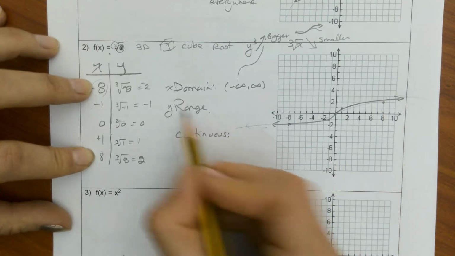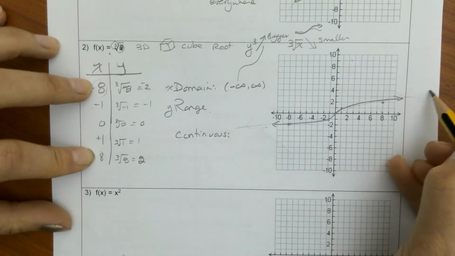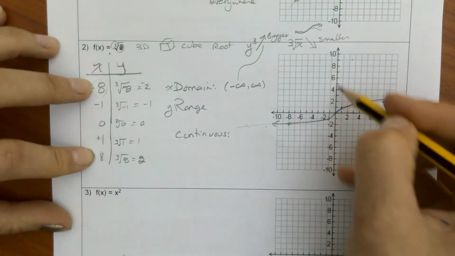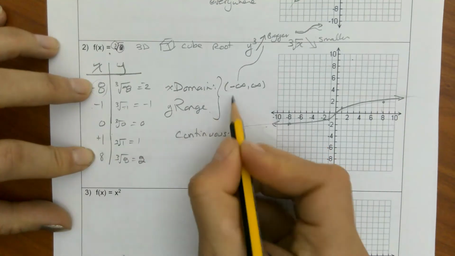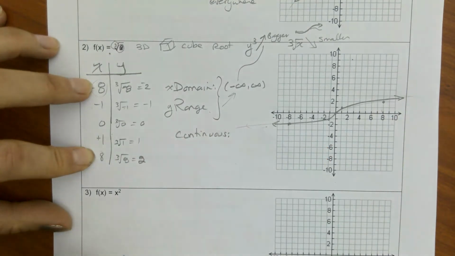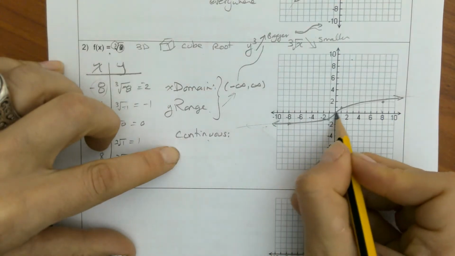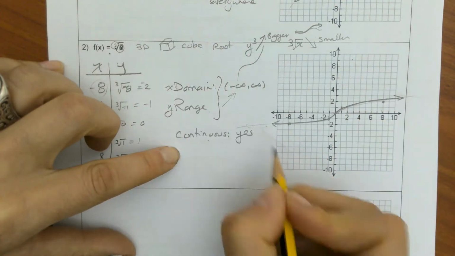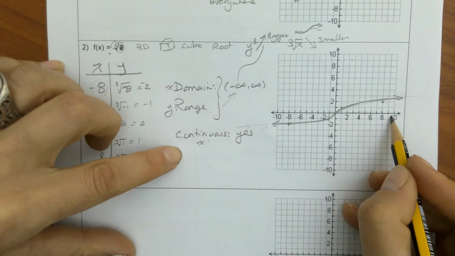Range, where does it exist on the y-axis? If it keeps going, it's going to use all the positive numbers and all the negative numbers. So the range and domain are the same. Continuous. Can I draw it without lifting my pencil? Yep. And where is it continuous on the x-axis? Everywhere.